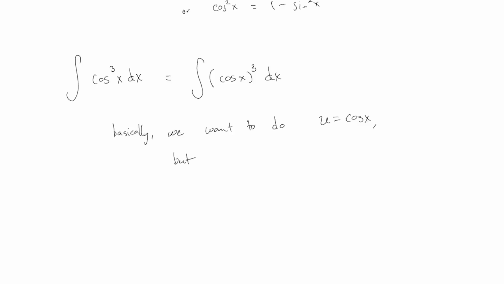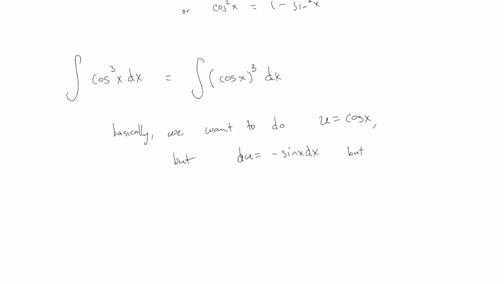In that case, the du would be negative sine x dx, and I don't see the du here at all. There is no sine x part of that. And so this particular u substitution is just not going to work, because it requires there to be an extra sine in the integral, which there isn't.